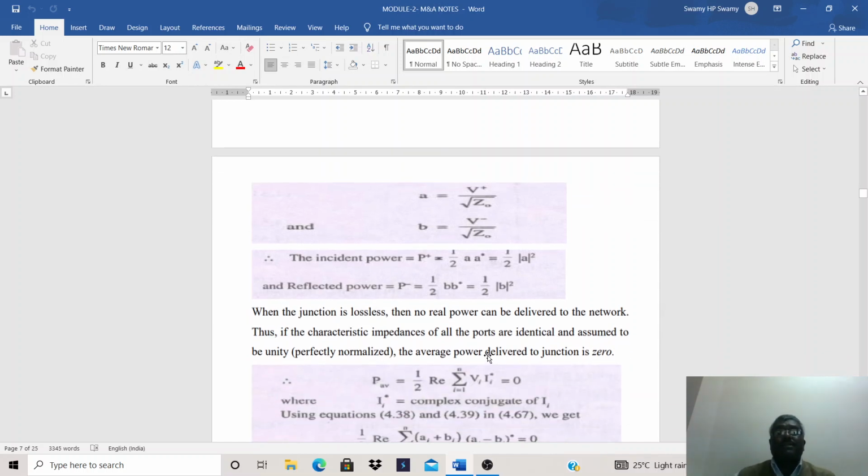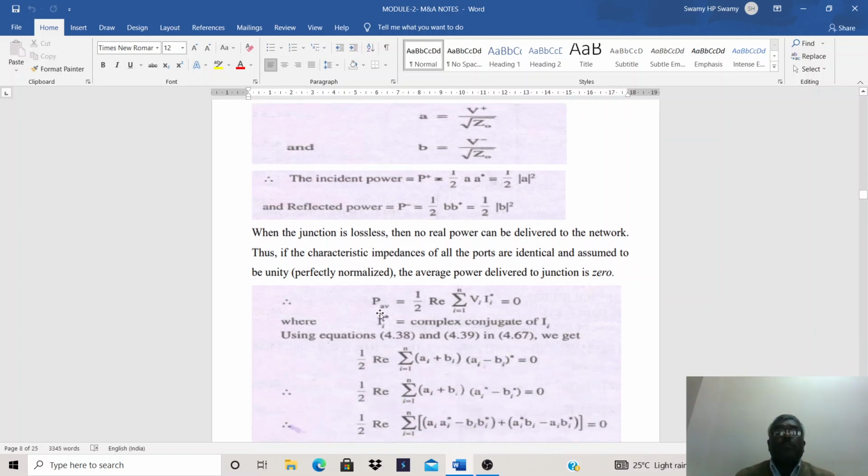When the junction is lossless, then no real power can be delivered to the network. Thus, if the characteristic impedances of all the ports are identical and assumed to be unity or perfectly normalized, the average power delivered to the junction is zero.